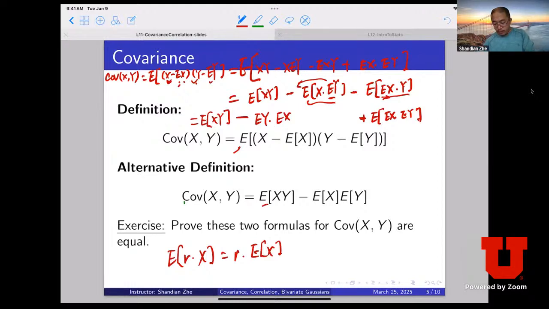For the third term, we put E[X] outside, times the expectation of Y. So now we have a new observation: the second and third terms are identical, both the expectation of X times the expectation of Y. Does it make sense?